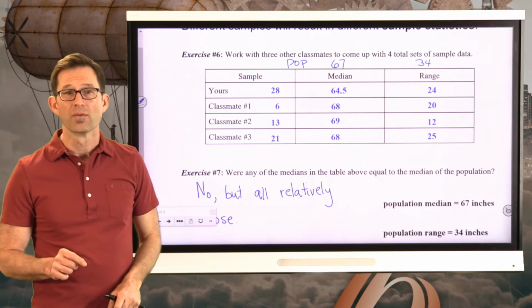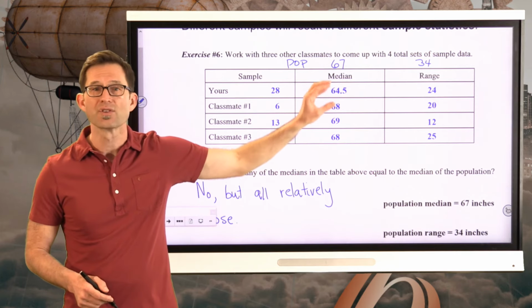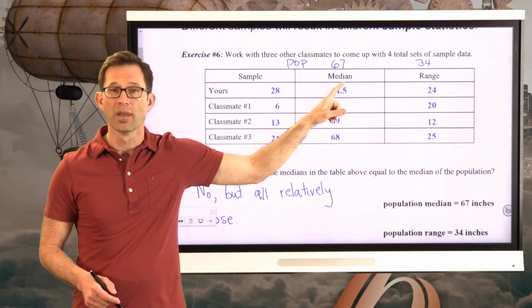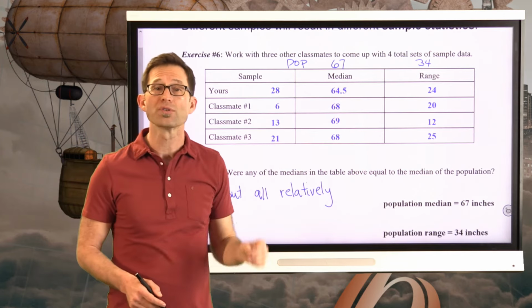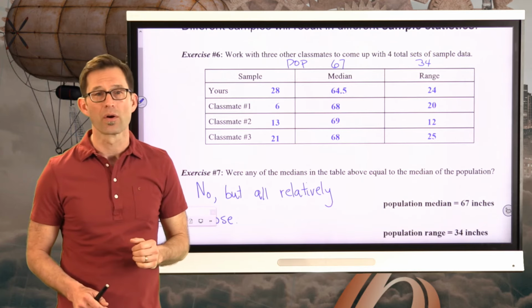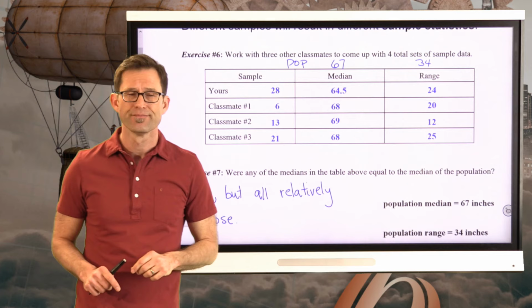And obviously, all of these medians are reasonably representative of the population median. All of the ranges, of course, aren't, because the range of a sample certainly can't be larger than the range of the population.